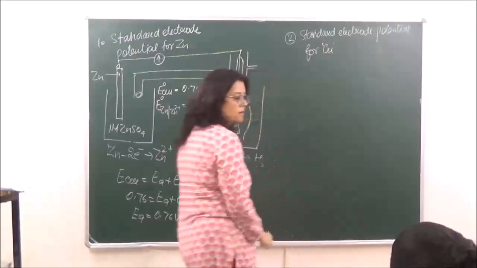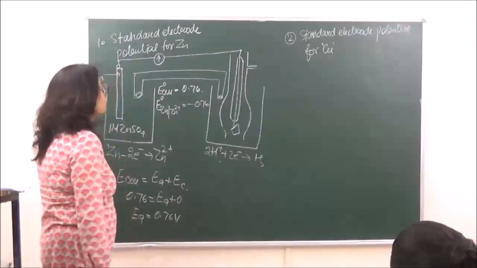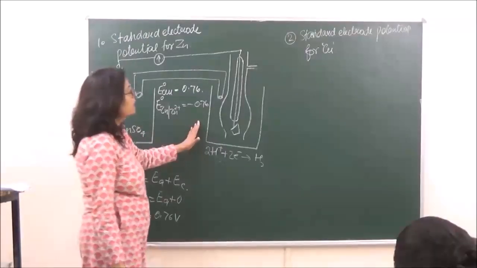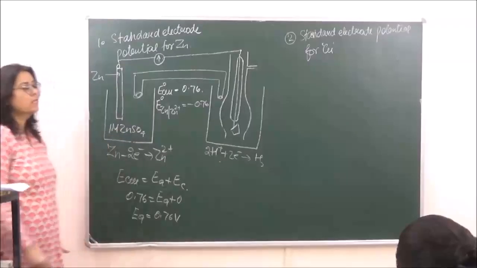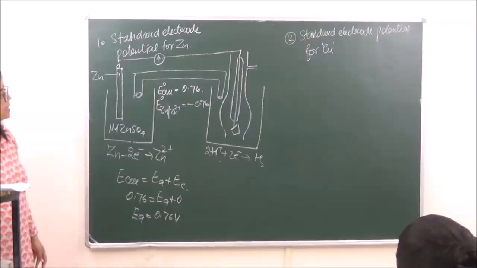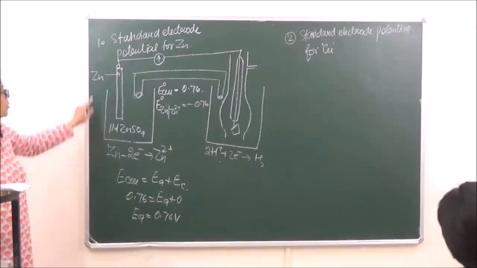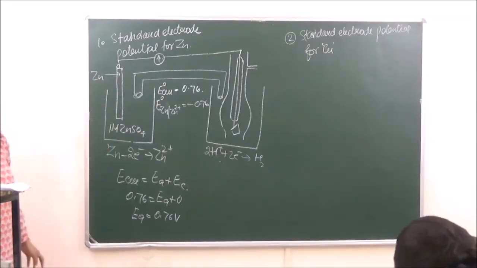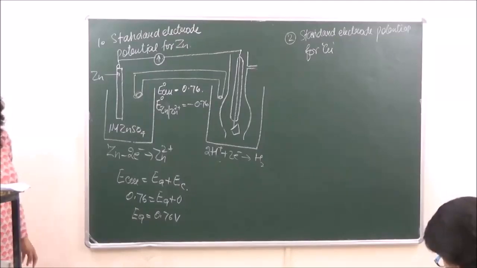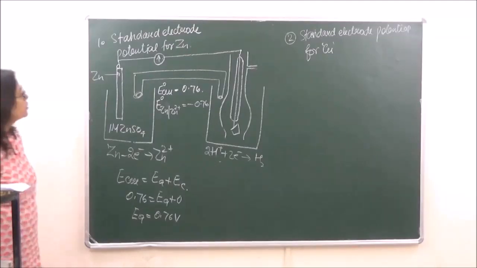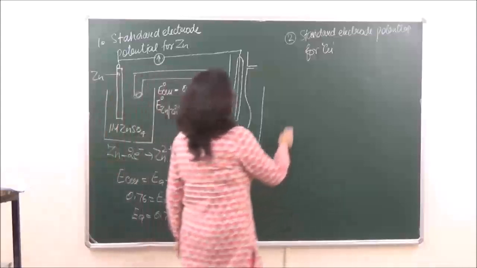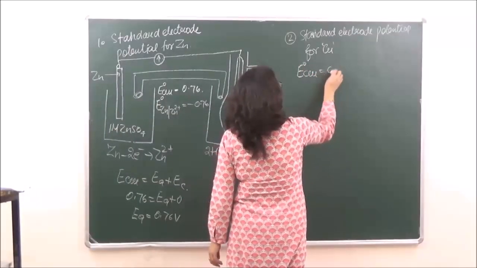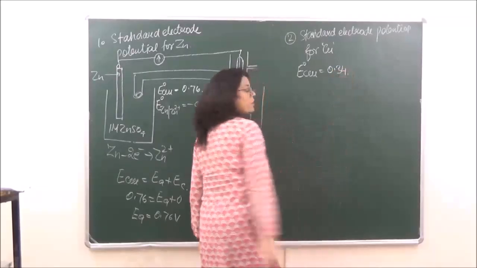In a similar manner, if we want to calculate the standard electrode potential for copper, right? We are taking again copper at the anode and the hydrogen electrode at the cathode. Same setup, but instead over here we will take copper and over here we are going to take 1 molar copper sulfate solution. Okay. Now when we are calculating, the galvanometer gives us a deflection of 0.34.